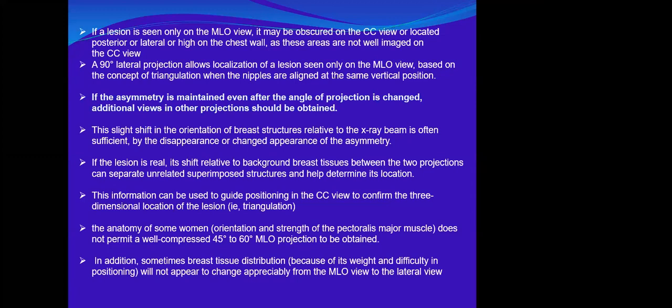When we use the straight lateral, it will help in more compression and will allow us to differentiate if the lesion is there or not, and if it is real or not.